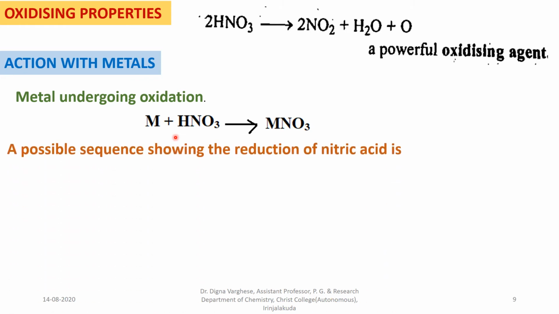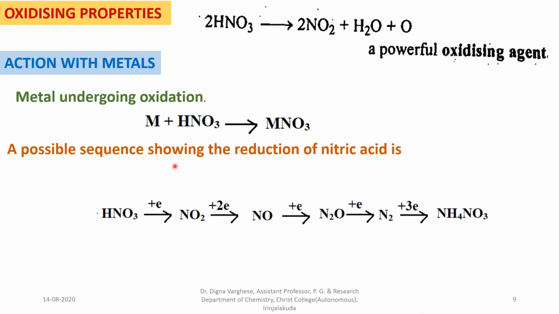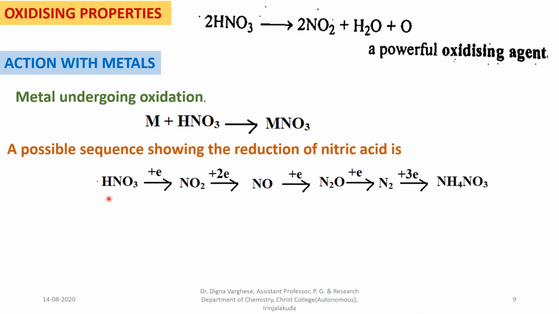Possible sequence showing the reduction of nitric acid is: nitric acid undergoes reduction to nitrogen dioxide. In nitric acid, nitrogen is in the +5 oxidation state. Here nitrogen is in the +4 oxidation state.